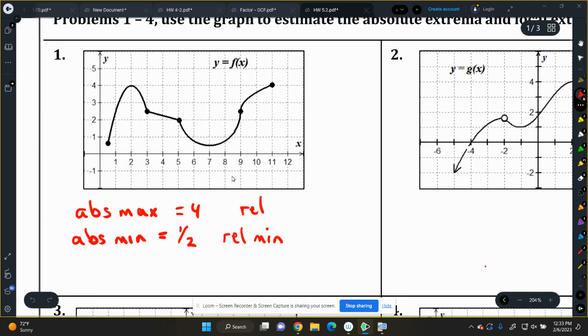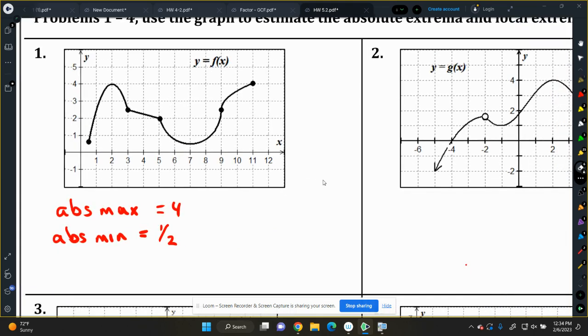So I'm going to leave it like that because the relative is actually the absolute in both of these scenarios. If we were defining the interval to be something like that, then even though that is the absolute maximum, we would call that a relative maximum.